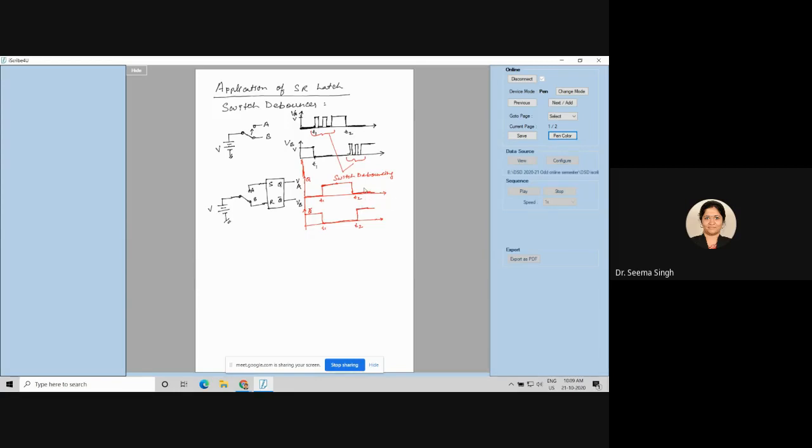So these are the waveforms for the switch debouncer. You should understand the working, block diagram and waveform also.